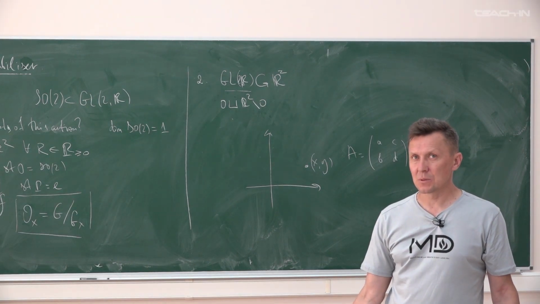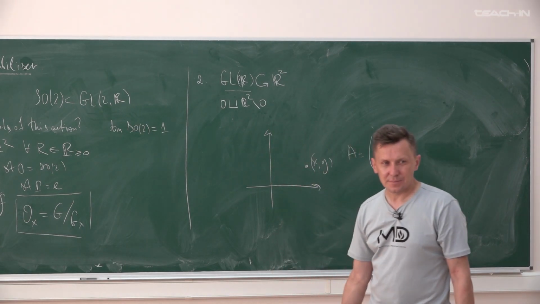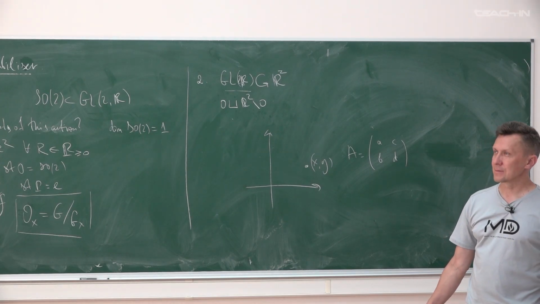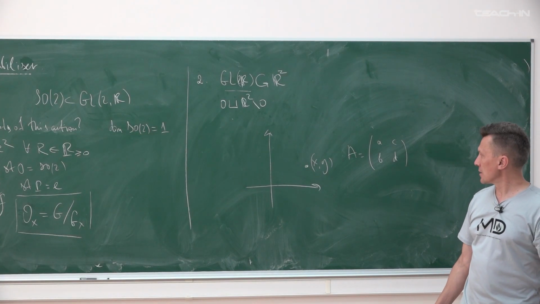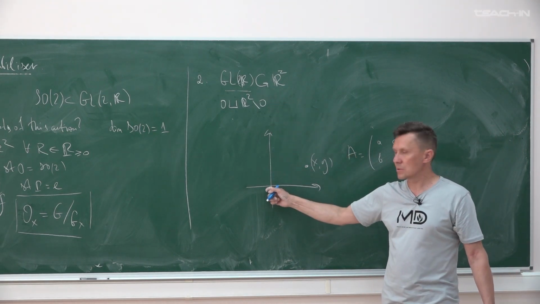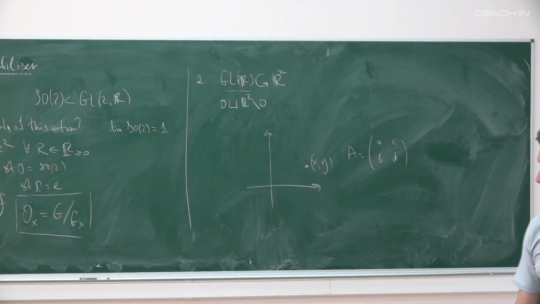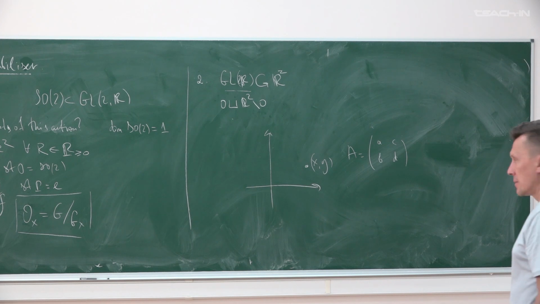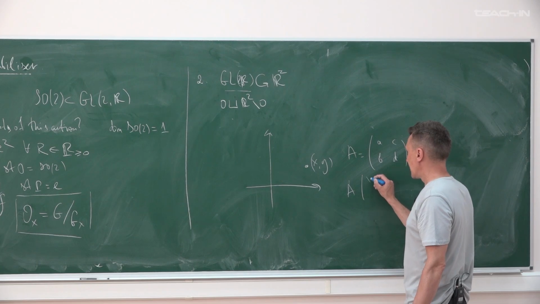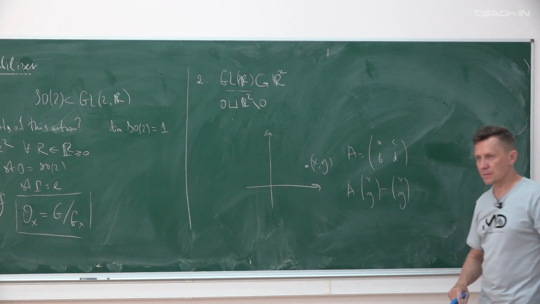For example, you can rotate the plane by a full rotation and it will be the same point, isn't it? But that is not an element of GL2R, because it should preserve zero. So we can write that the matrix times the column of x and y equals x and y.